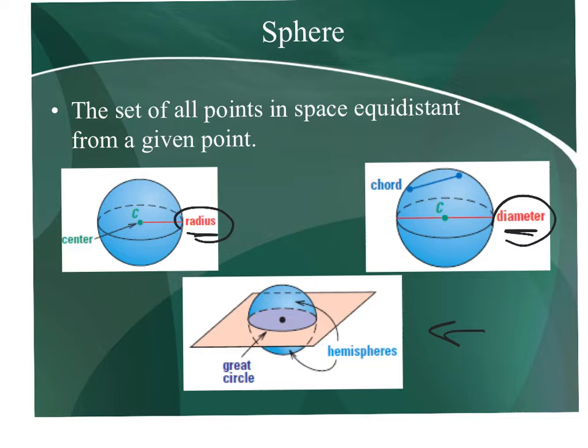If we were to slice this sphere right in the middle, an example could be the globe or the world, and the slice would occur at the equator, and then it would create 2 hemispheres. It would split it into 2 separate hemispheres. This circle that occurs right here, like if it were the world at the equator, is called the great circle that's created. So if you were to pick it up and lift it up.